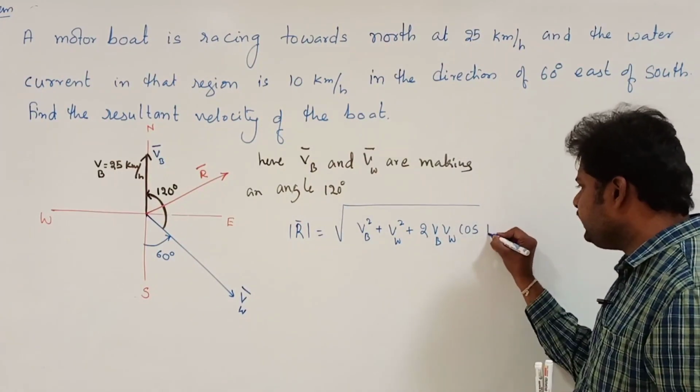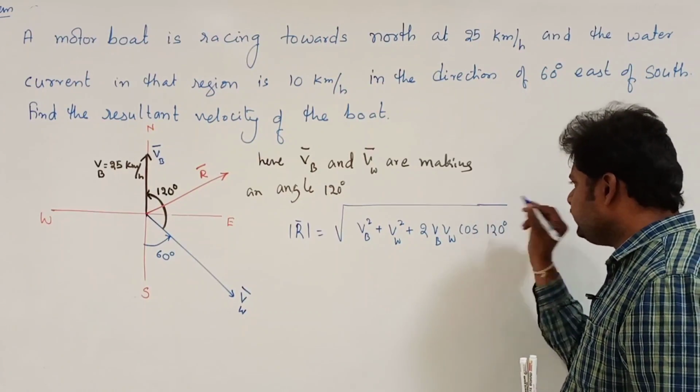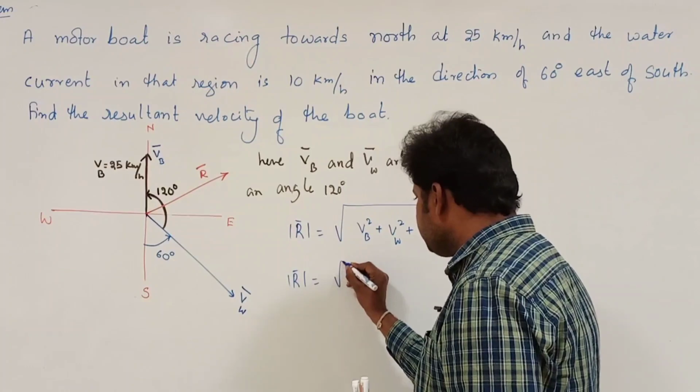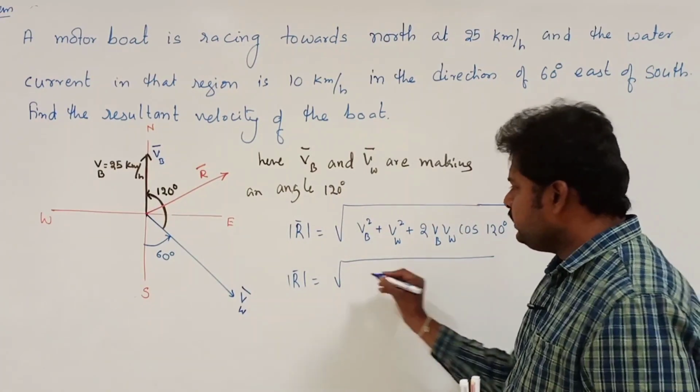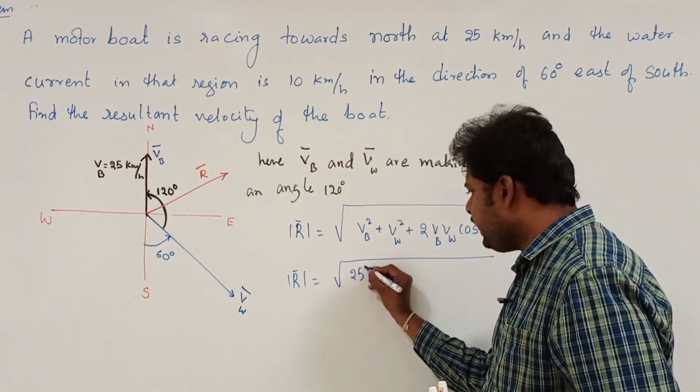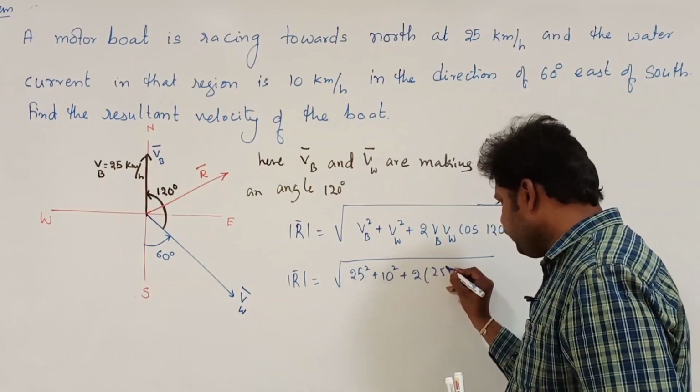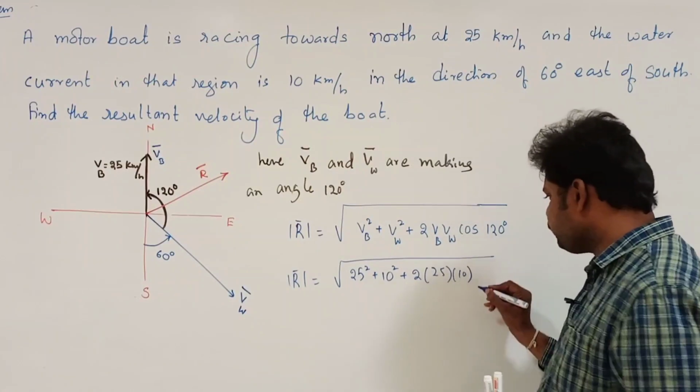What is theta between them? 120 degrees. So, the magnitude of the R vector is equal to the square root of 25 square plus 10 square plus 2 into 25 into 10 into cos 120.